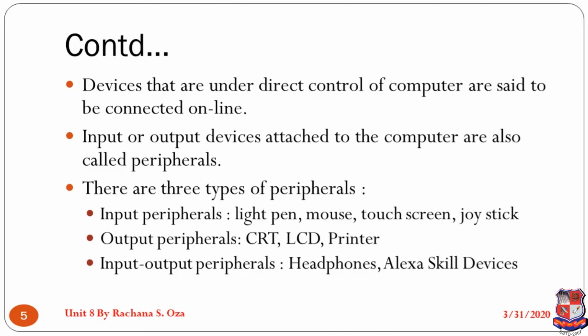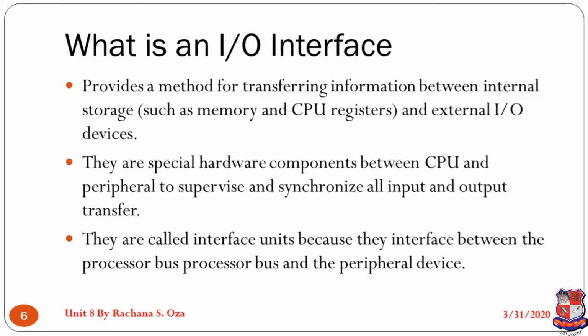When you command your Alexa device, it will generate some sort of output for you. So this device is a perfect example of an input-output peripheral. Now these input-output peripherals include all sets of devices starting from the small mouse to the projectors to the terminals. So how are they communicating with a CPU?